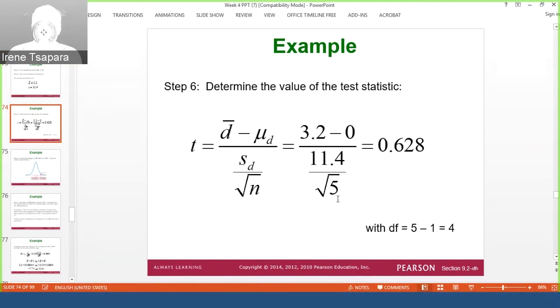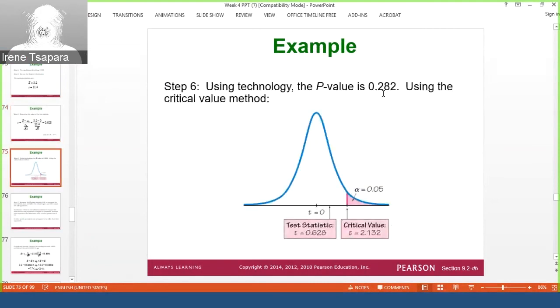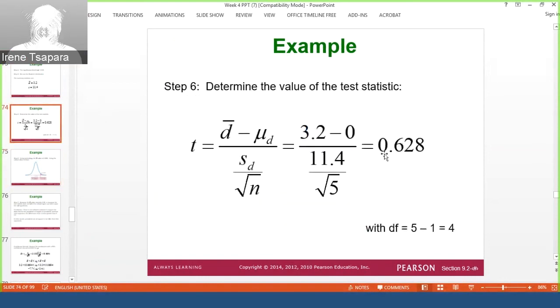You have 5 different pairs, right? Each one of the samples has size 5. So your degrees of freedom will be 5 minus 1 equals 4. And you calculate your p-value based on the t-score, 0.628.